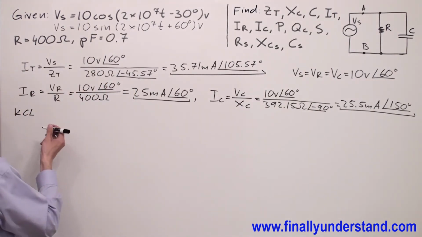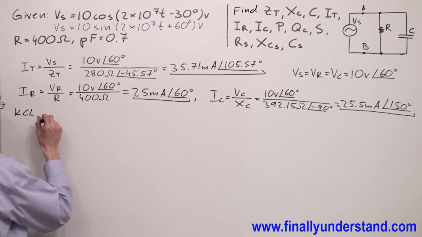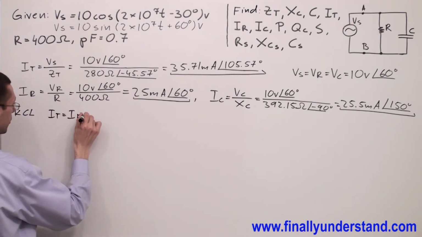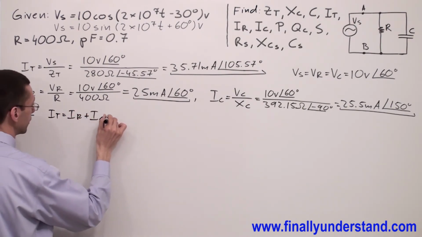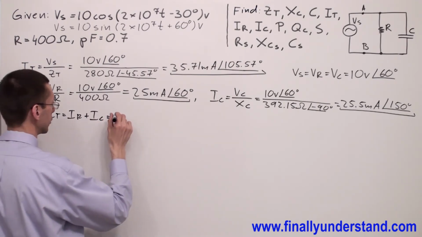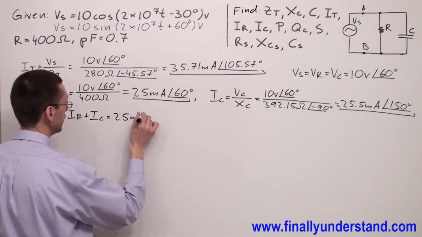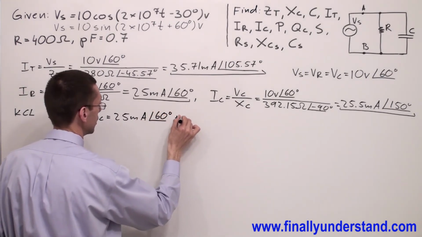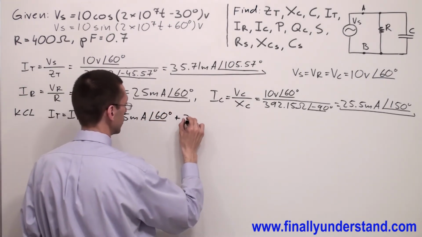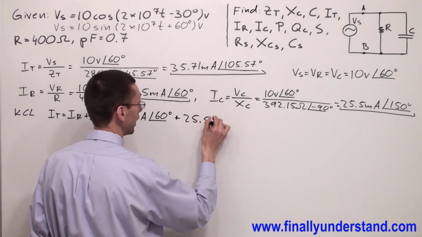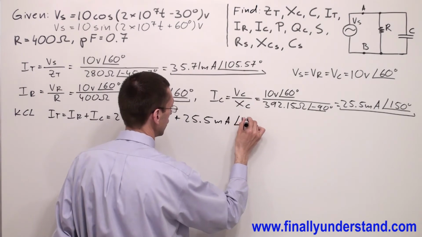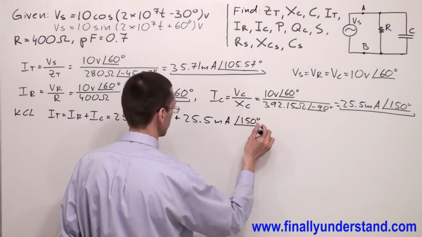So I total is equal to IR plus IC, where IR is equal to 25 milliamps and angle of 60 degrees, plus 25.5 milliamps and angle of 150 degrees.